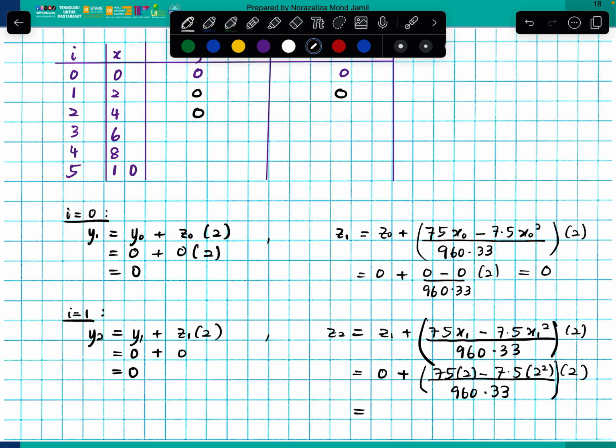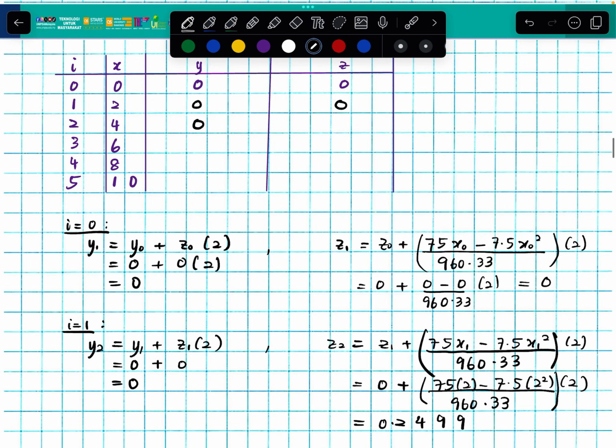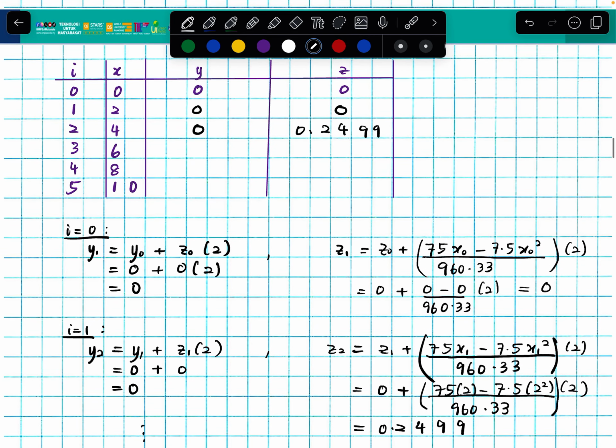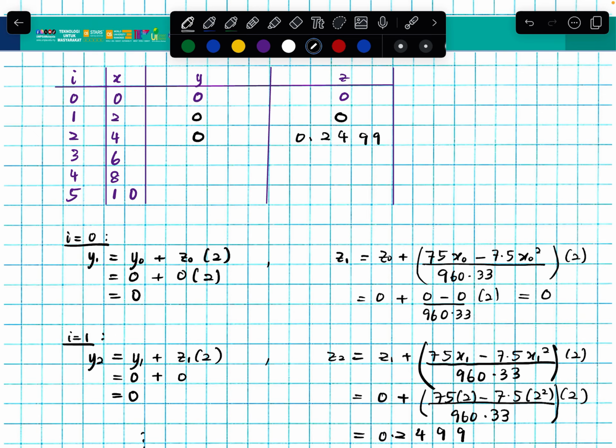Then you can calculate z2 as 0.2499 and put it in the table. You will continue the process for i equal to 3, 4, and 5, and complete this table.